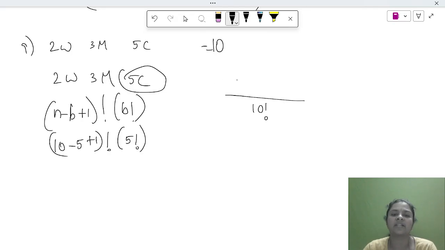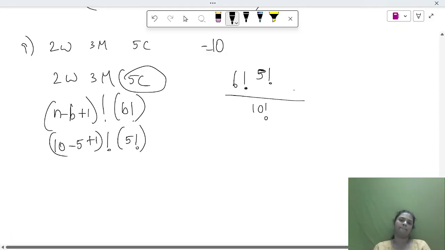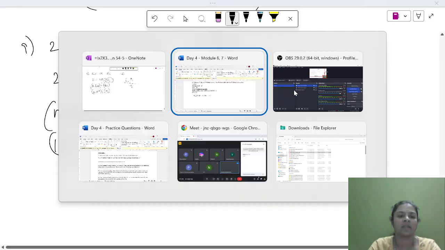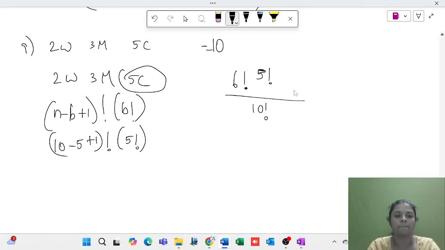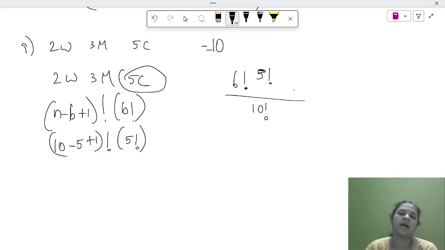So the answer is 10 minus 5, 5 plus 1, 6 factorial, into 5 factorial, whole divided by 10 factorial. That is the answer. Six factorial into 5 factorial by 10 factorial.